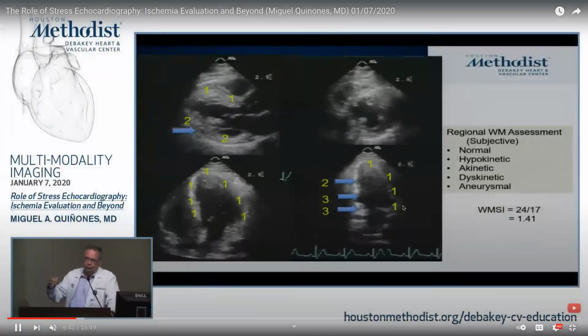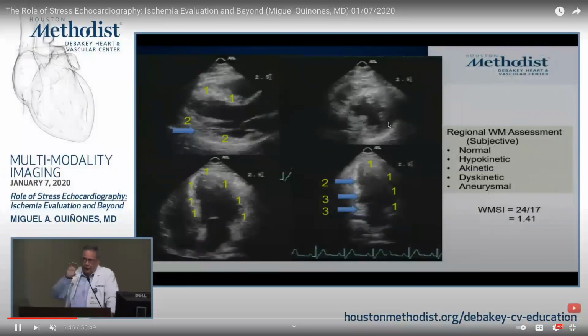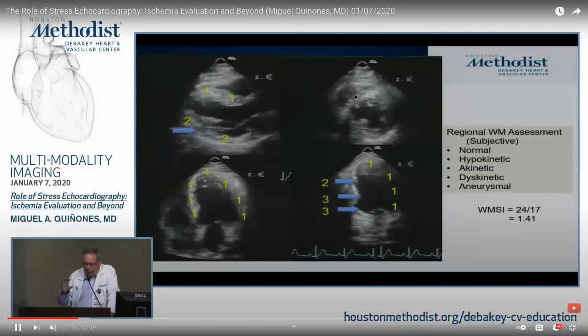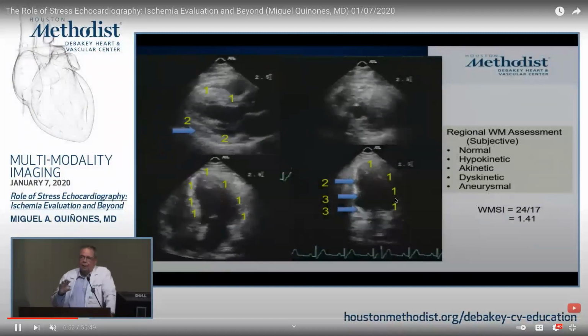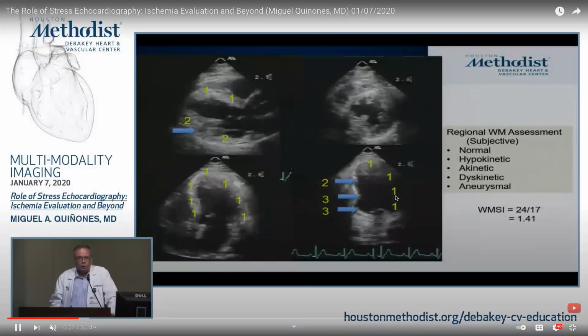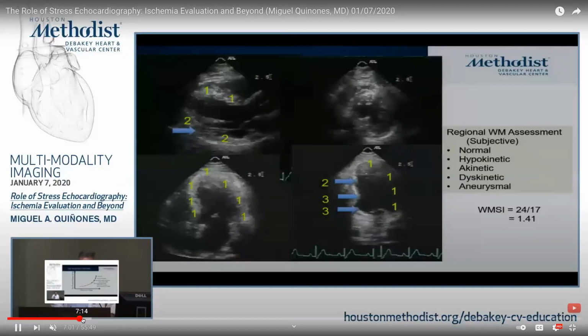Half the time it's in total darkness, total shadow. But when you look at the other orthogonal views, you can anticipate what this is if you're looking at the short axis view as well. And that's how these things are done.